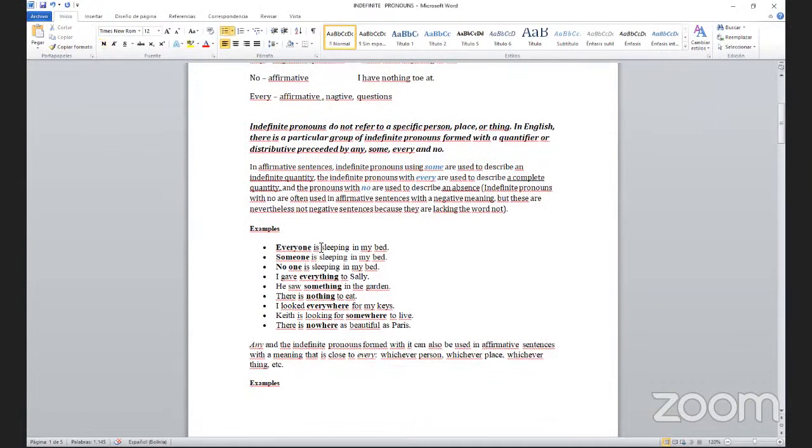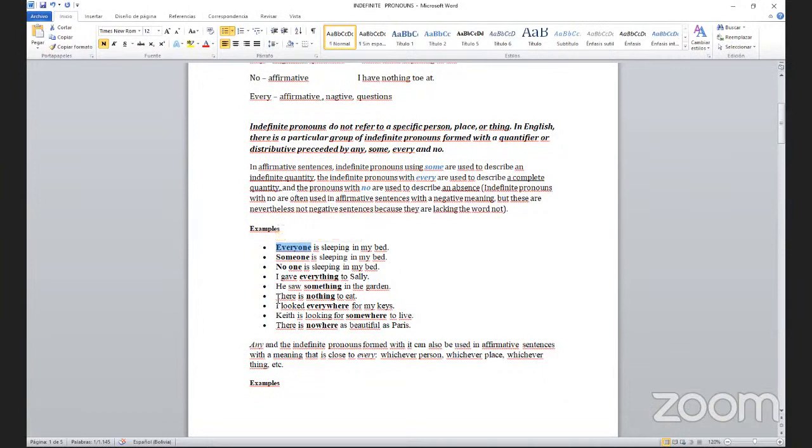Always they are gonna be like third person, okay? That's why we use is, not are. Everyone is sleeping in my bed. So this is gonna work like third person, okay? Yes, so that is the only difference.